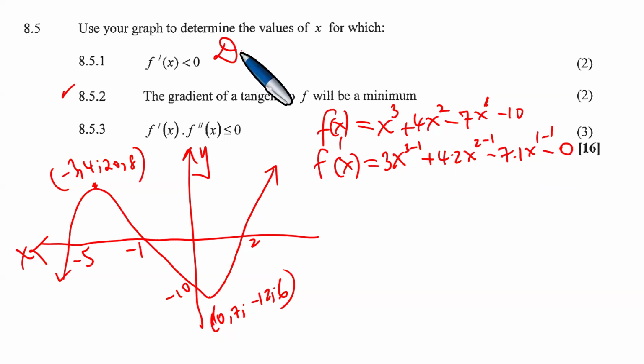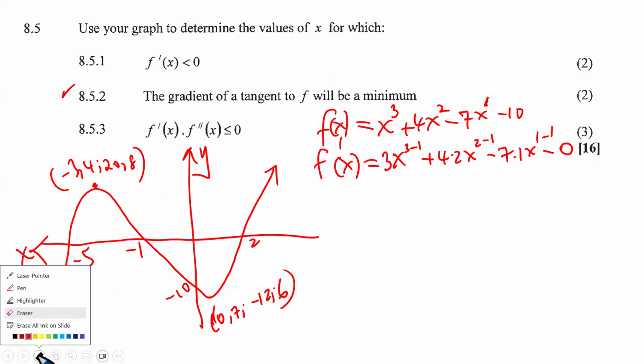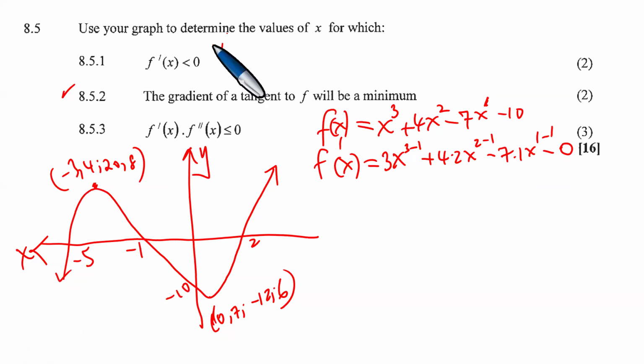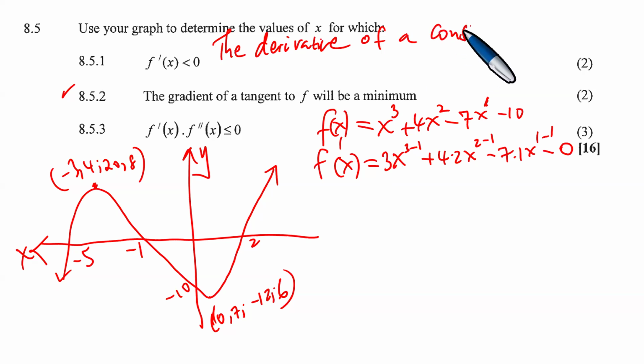So we proceed to say the derivative of a constant is 0.